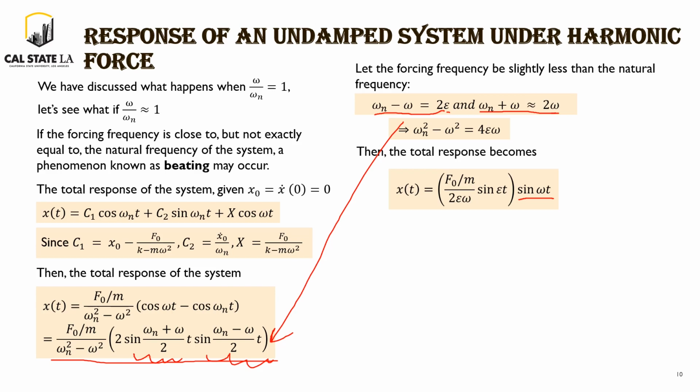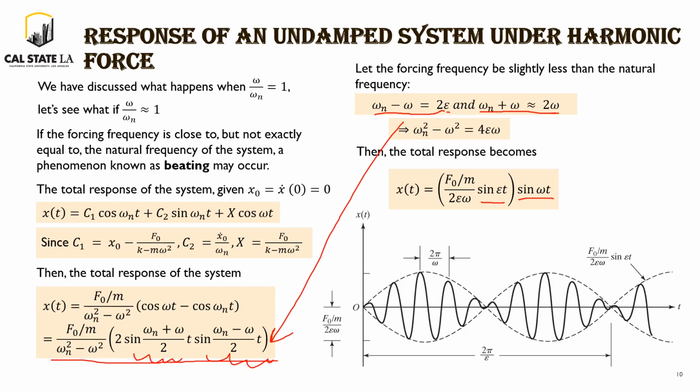At the same time, the magnitude of this vibration is another sine function, sine eta t. Since eta is very small, we'll know that the vibration will look like this, the solid line. And the dashed line describes the magnitude of this sine wave, which is the sine eta t, with the coefficient of f0 over m over 2 times eta times omega.